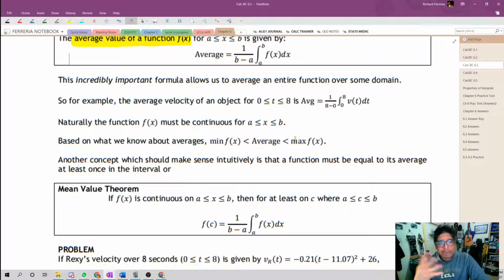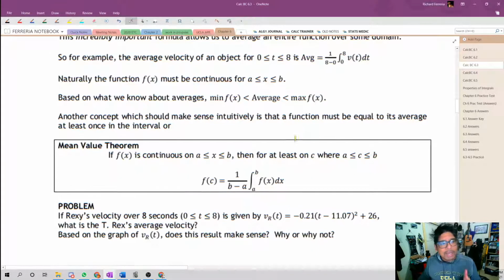There's no way the average is bigger than your maximum speed, right? There's no way the average is smaller than your minimum speed. So the average is kind of a middle number between the minimum and the maximum, although it may not necessarily be exactly in the middle.